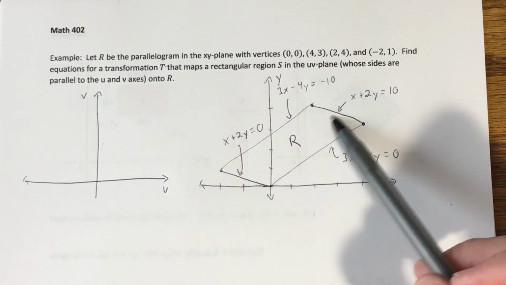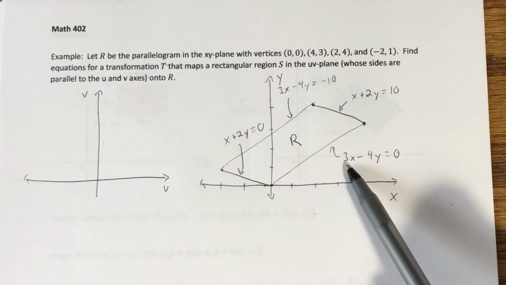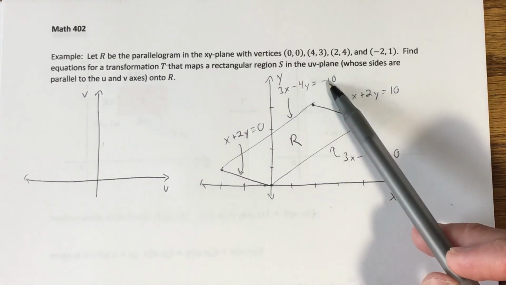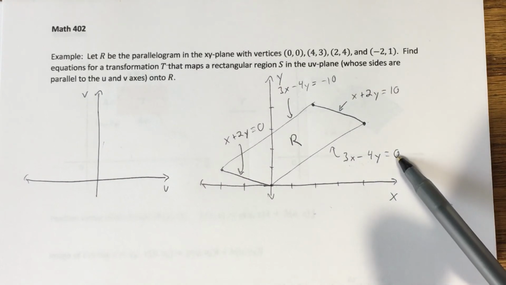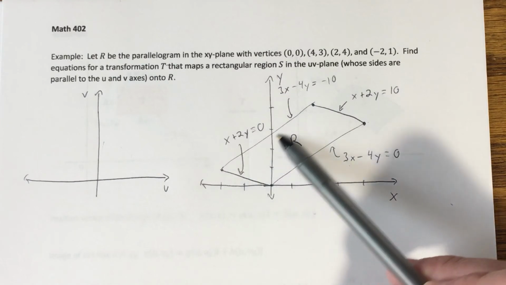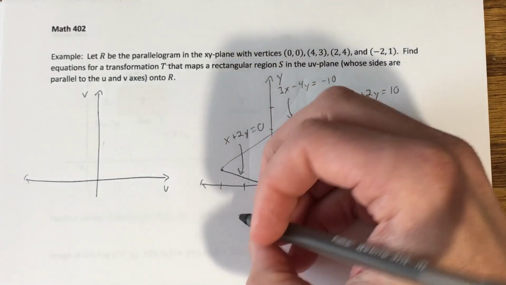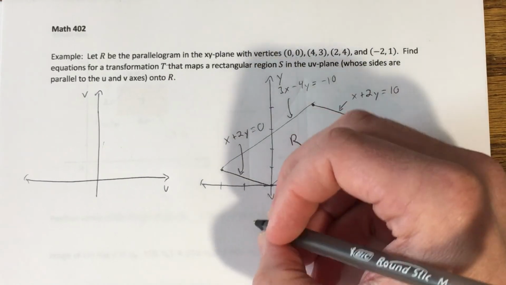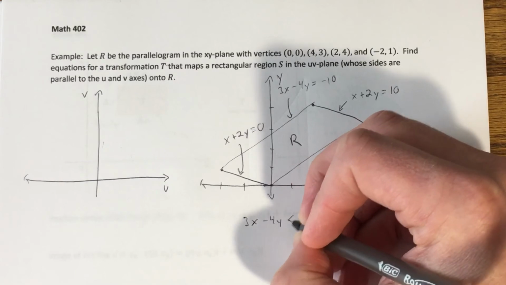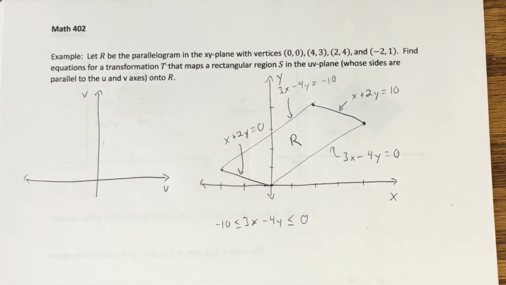And any line parallel to those two is going to have an equation that looks like 3x minus 4y is equal to some constant between -10 and 0. If I had 3x minus 4y equals -9, that would give me some line right around here. So what this says is that for any point in R, 3x minus 4y is between -10 and 0.